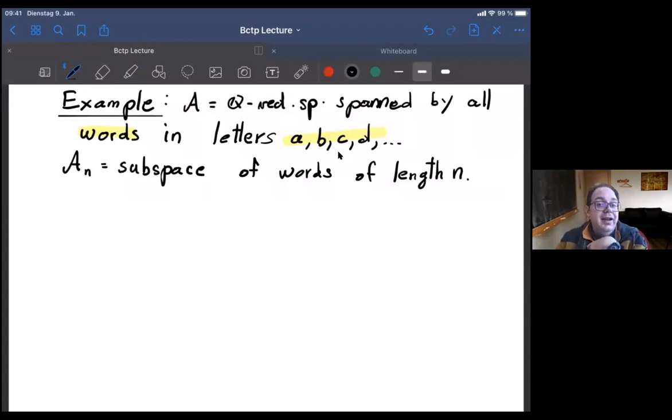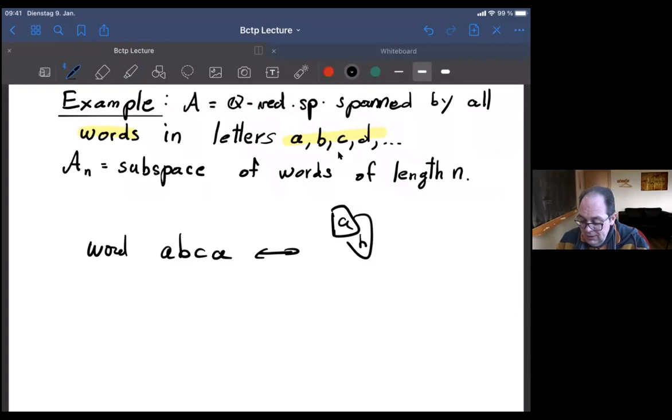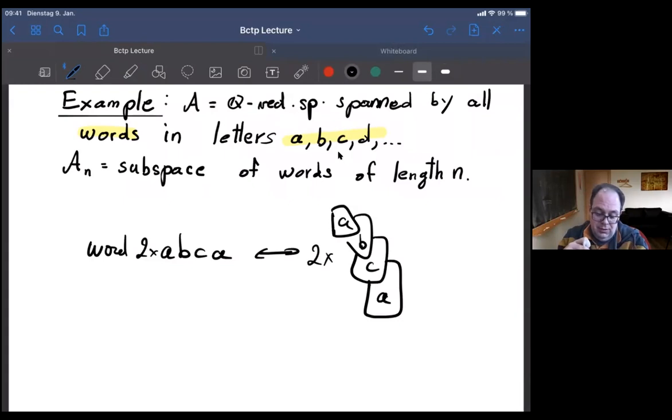You can also take again the analogy with the decks of cards. So a word A, B, C, A would be the deck of cards A, B, C, A. Okay, so you can take the same analogy. And they also allow things like 2 times this word, which will be 2 times this deck of cards. So it's just an abstract construction.